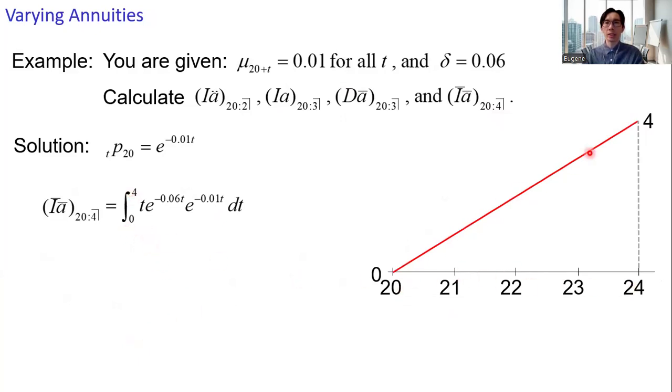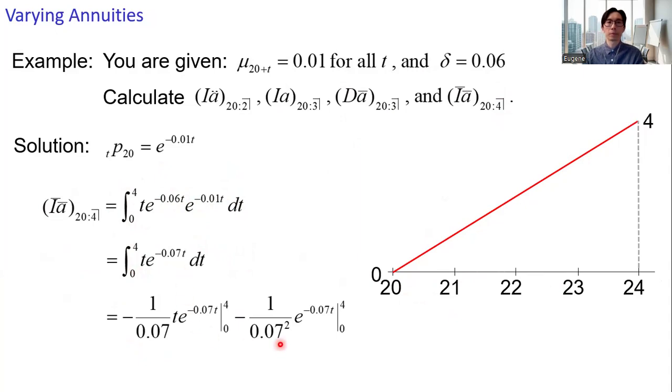The payment rate is t, and then the present value factor, and the last component, the survival probability, tP20. Set up the integral, and then we can do the calculation using integration by parts. And here we get the actuarial present value for this annuity, 6.6524.